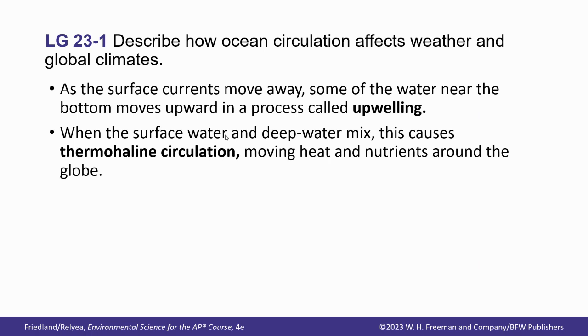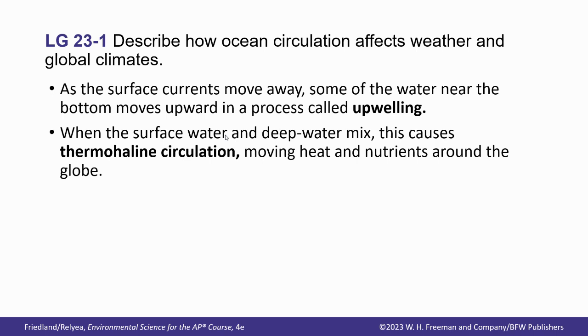And it's really good for our producers that are living in the zone where sunlight will peek through, because it brings them additional nitrogen and carbon and phosphorus and things like that to make DNA and do protein synthesis and all that kind of stuff. So upwelling is actually pretty important, and that's as the surface currents move away, it's dragging more water with it, and so the water from the bottom of the ocean floor is coming up, and that's called upwelling. That's pretty easy to remember.